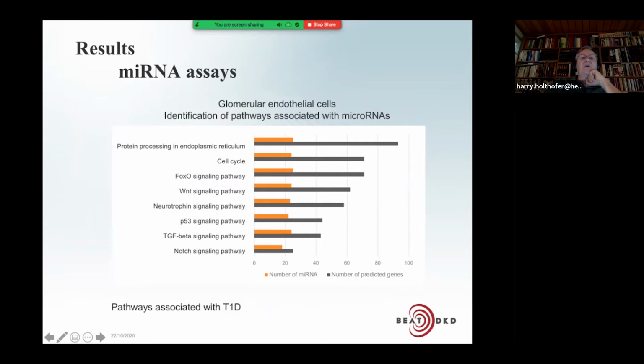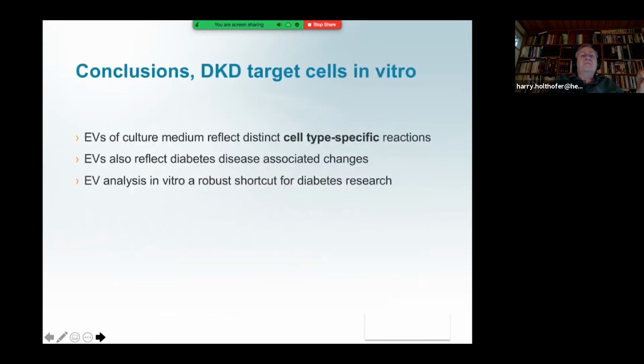Yes, indeed, we can identify the cells and the pathways which are involved in these different cases, in different cell types, and this is not only cool information, but it really seems to add new dimensions to our understanding of this whole disease.